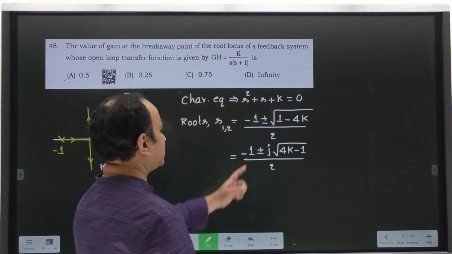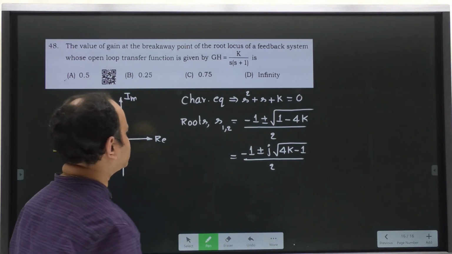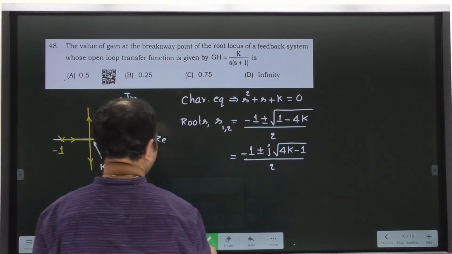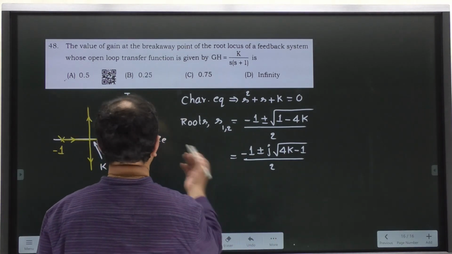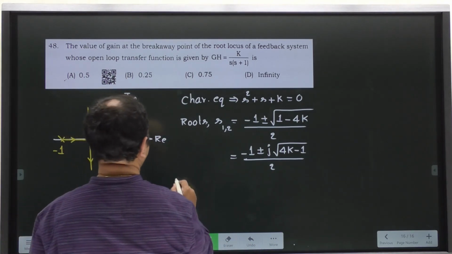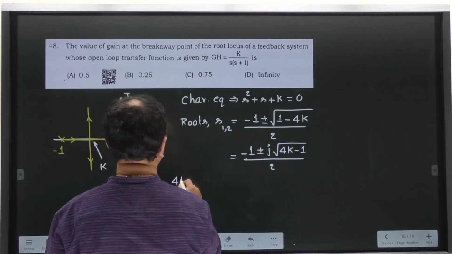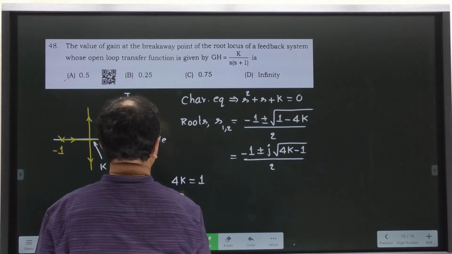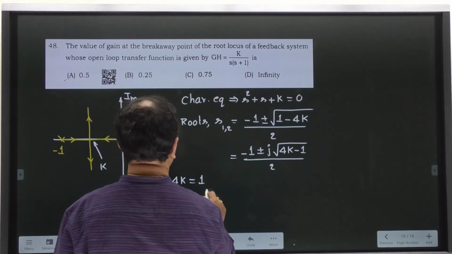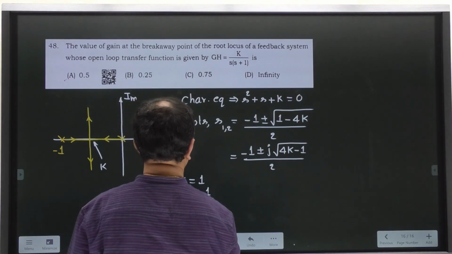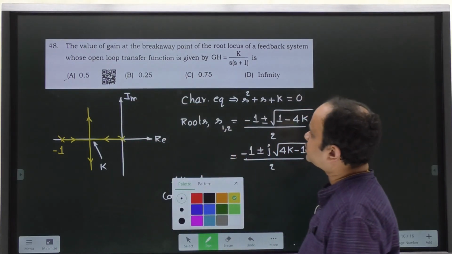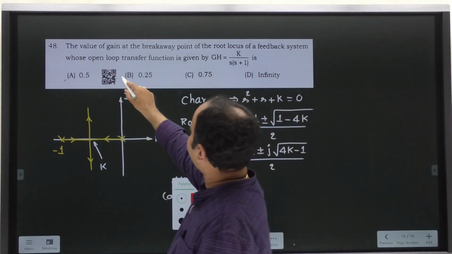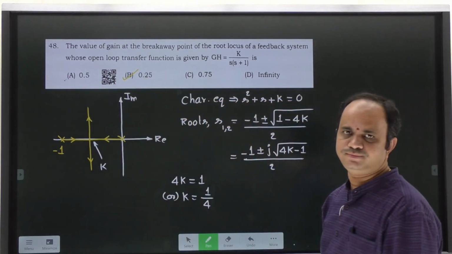Whenever the imaginary part of this complex number is 0, at that point both roots are located at the same point. Therefore the condition will be 4K is equal to 1, or K is equal to 1 by 4. So for this question we can select the answer 0.25.